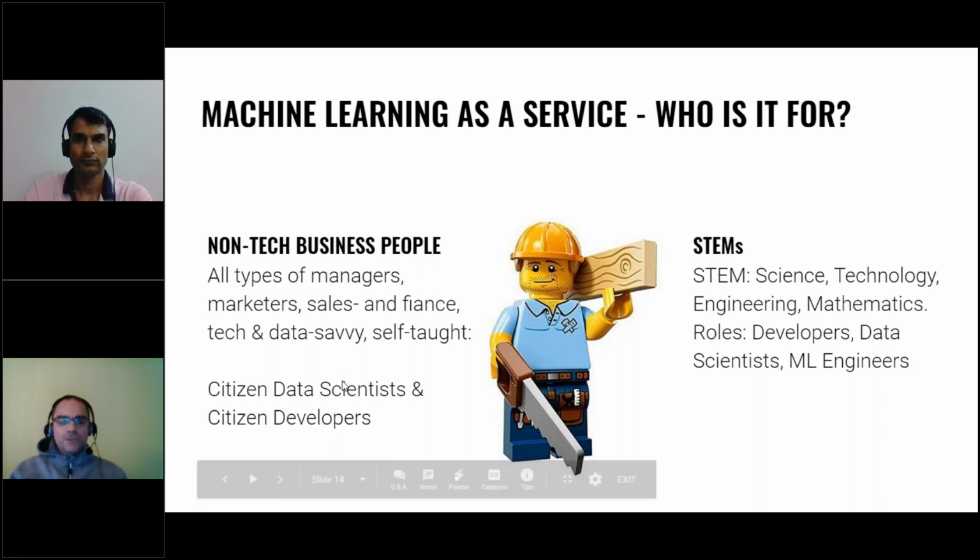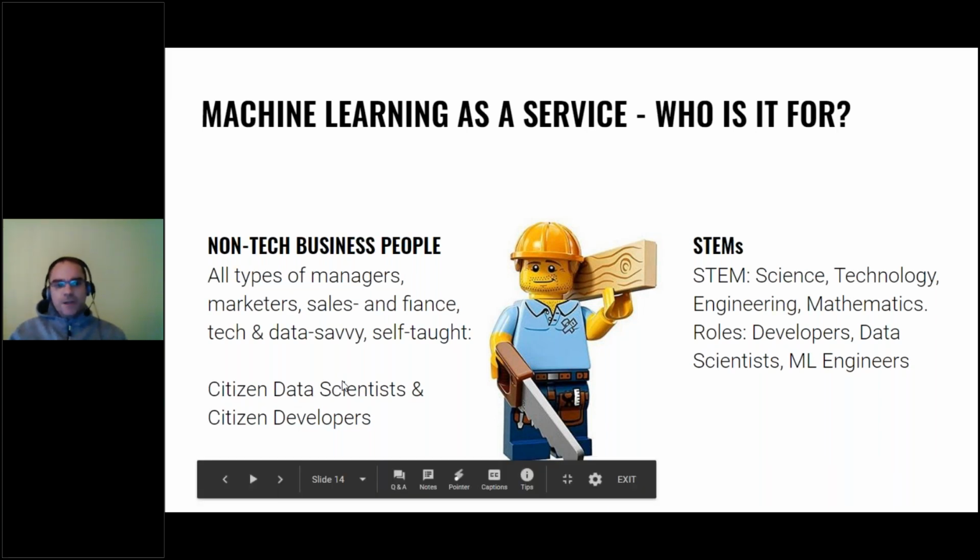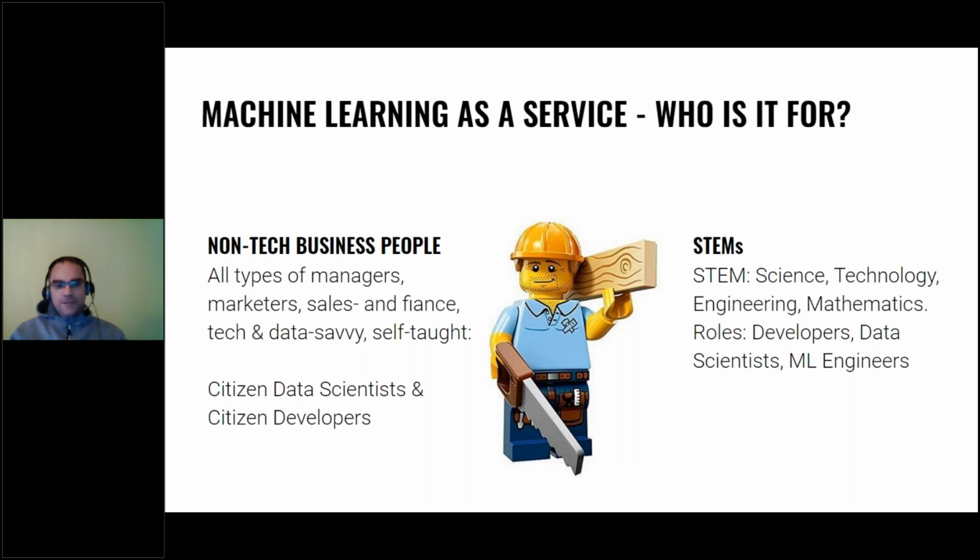Gartner refers to those people as citizen data scientists and citizen developers. A citizen data scientist is someone who doesn't have a formal education in any STEM discipline. It's not a mathematician or a computer scientist, but someone who has self-taught knowledge about data science.